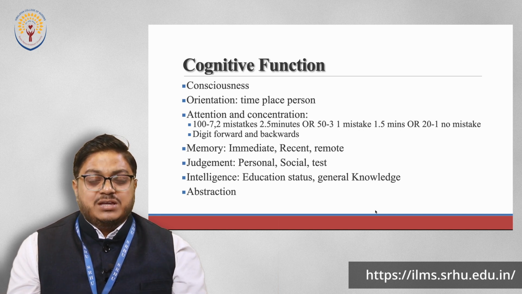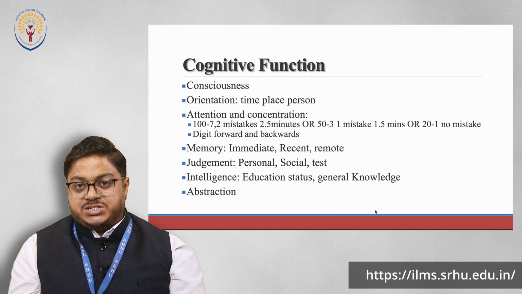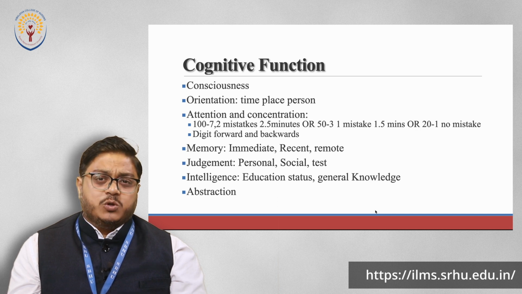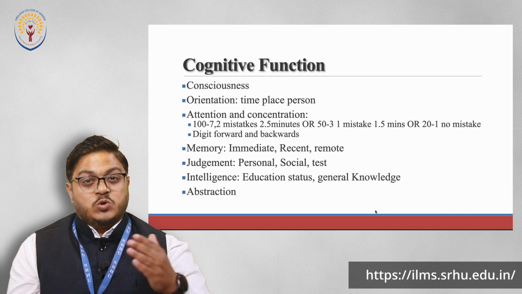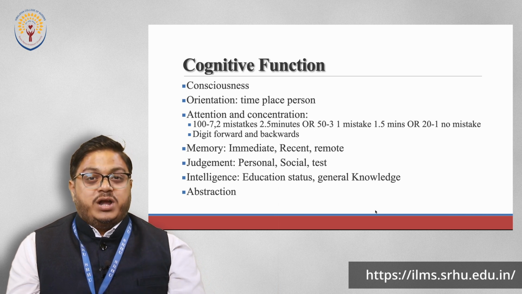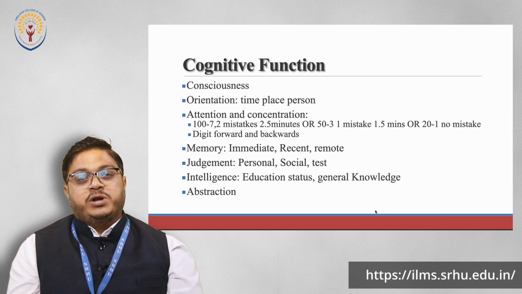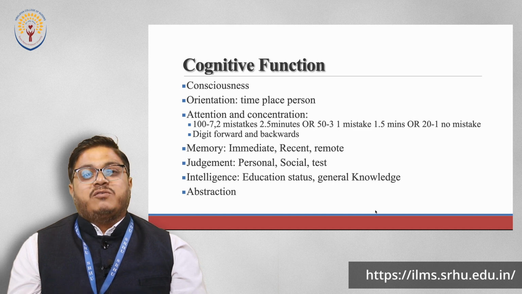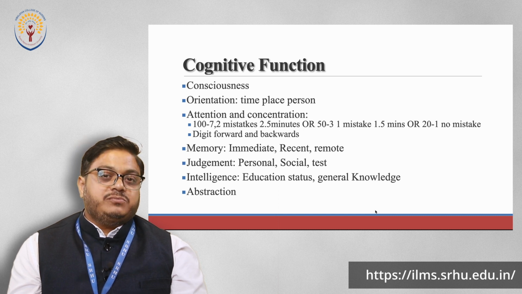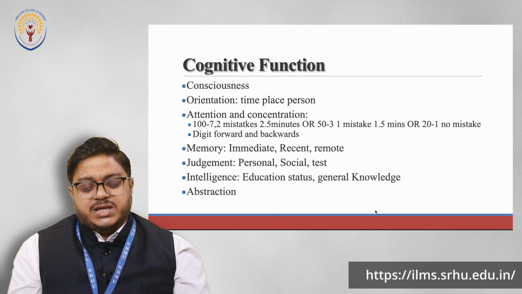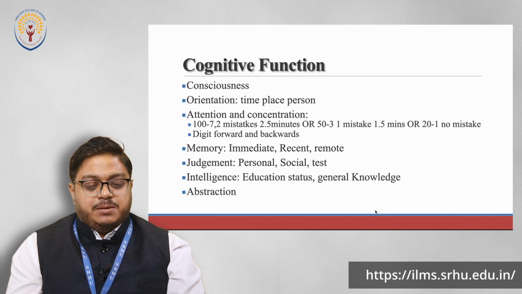So what all did we see in cognitive function? First, we need to check for consciousness, then orientation. Orientation comes in 3 parts: we test orientation for person, place, and time collectively, putting up questions and asking the patient to answer them.